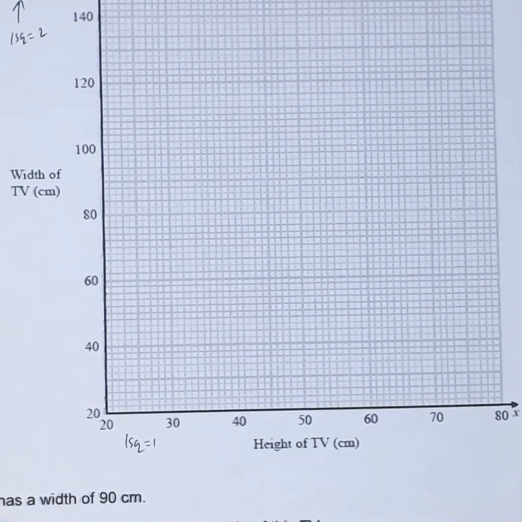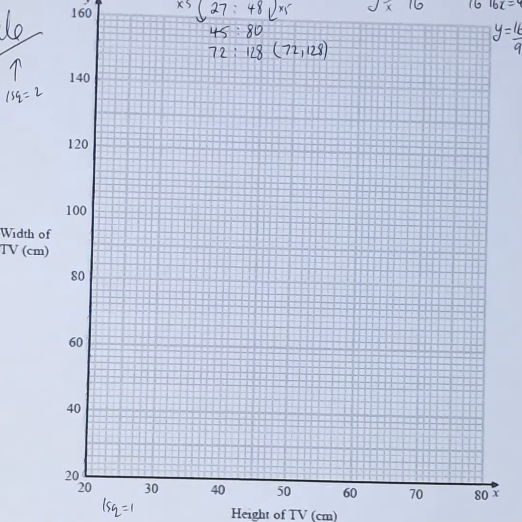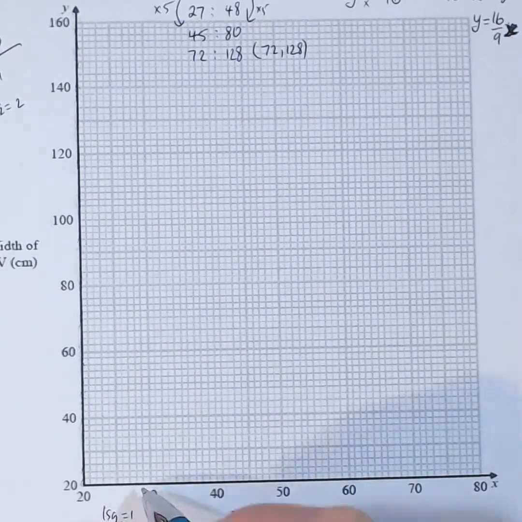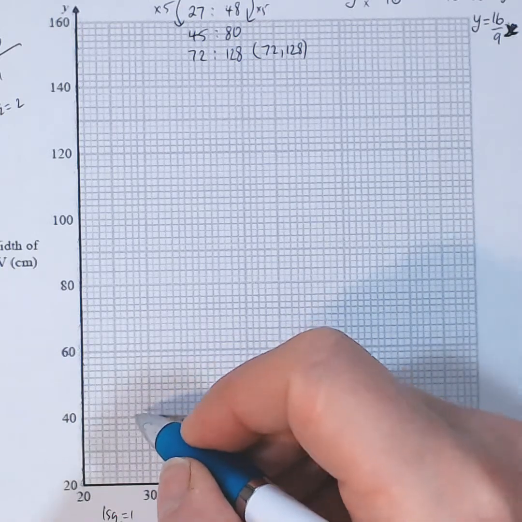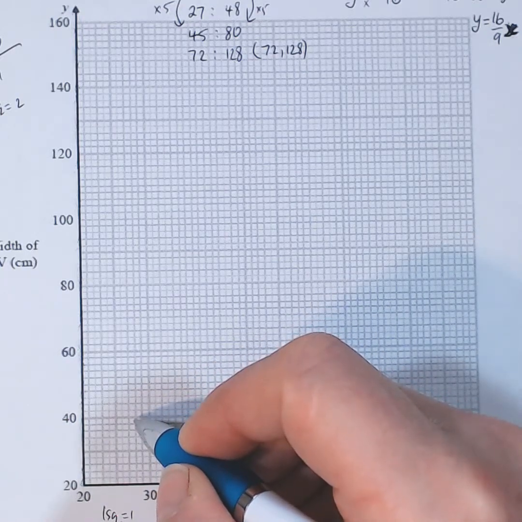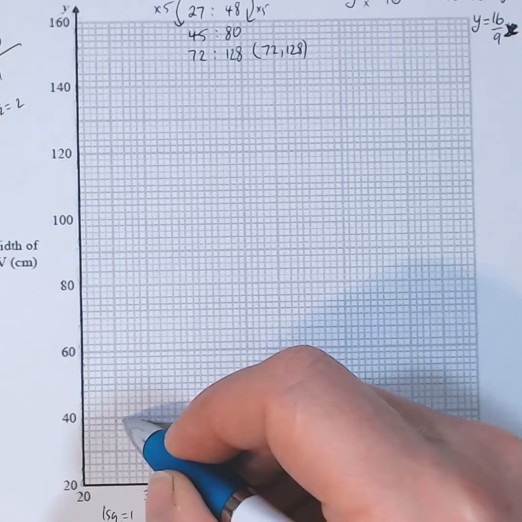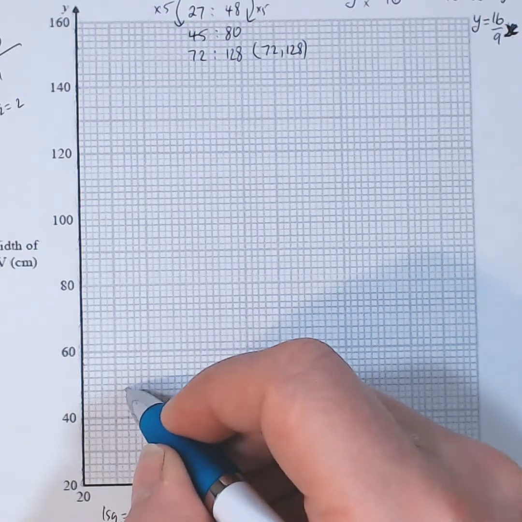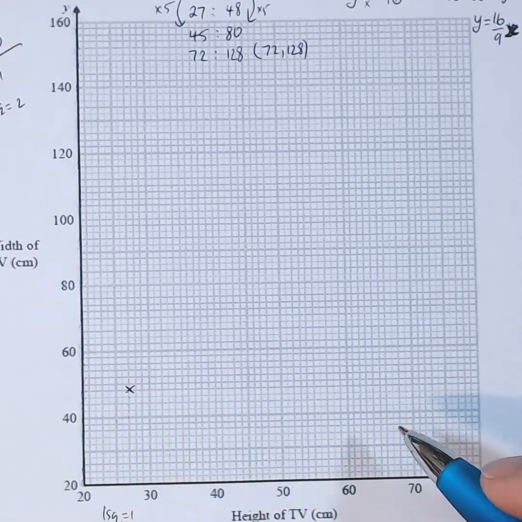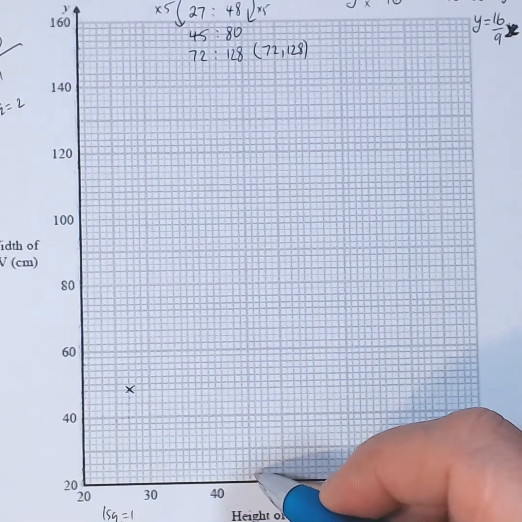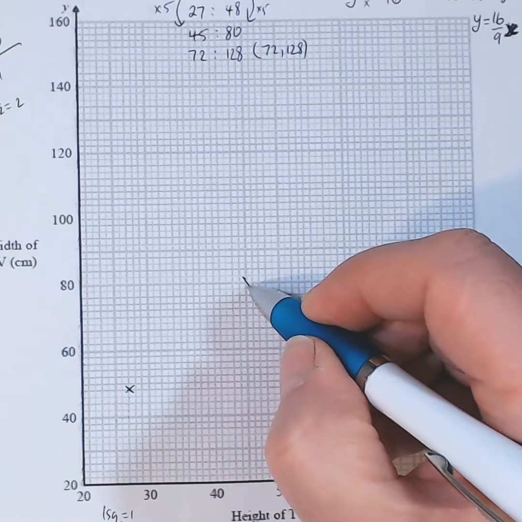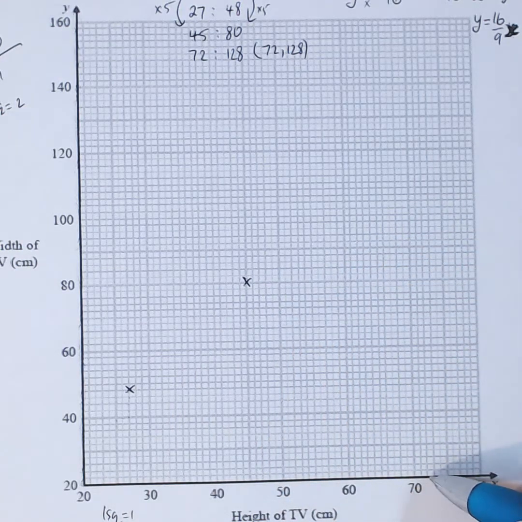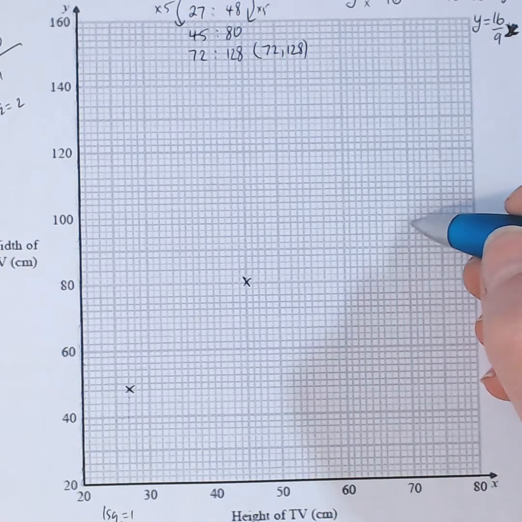The idea now is that we plot these values. So we've got 27, 48, then 45, 80, and then 72, 128.